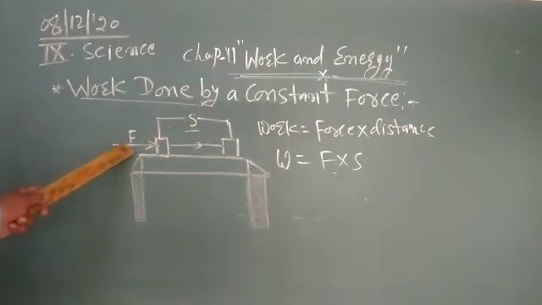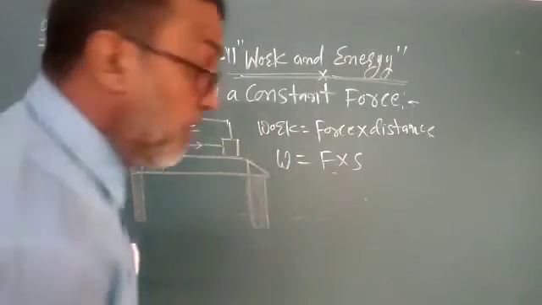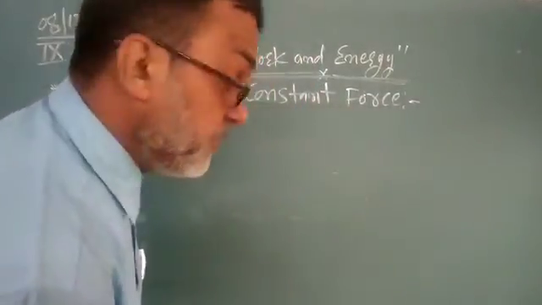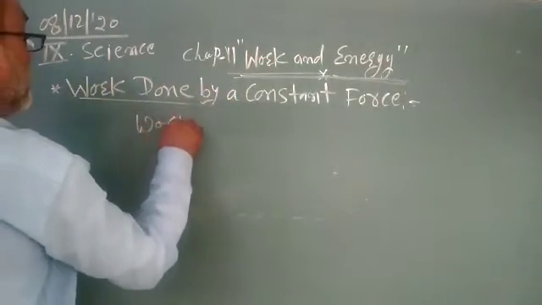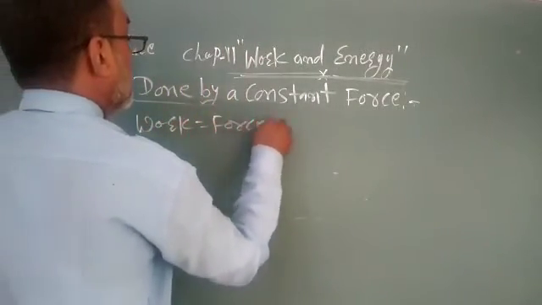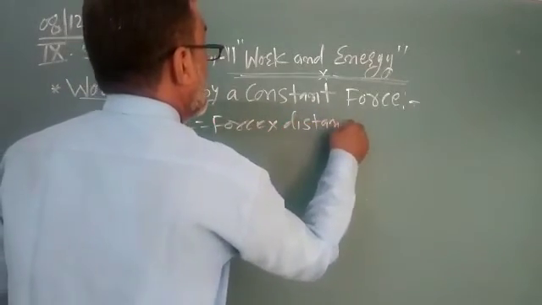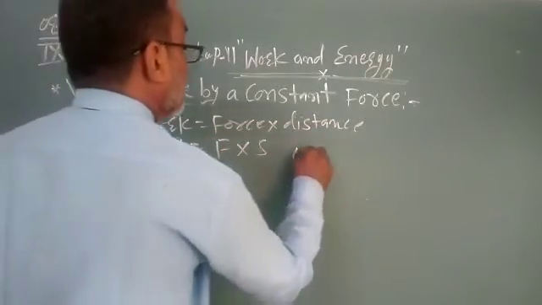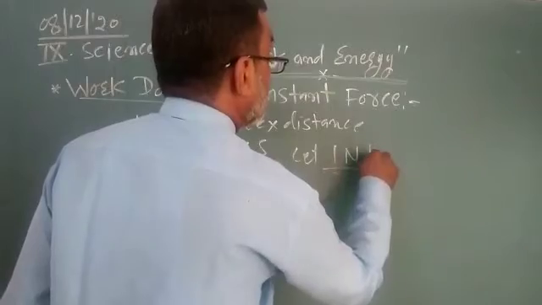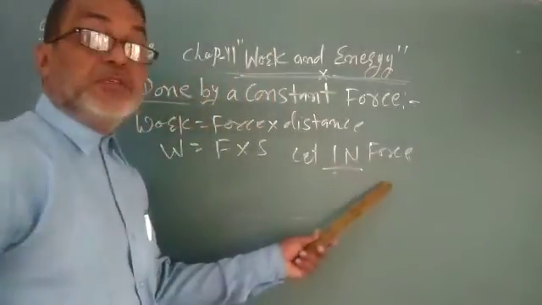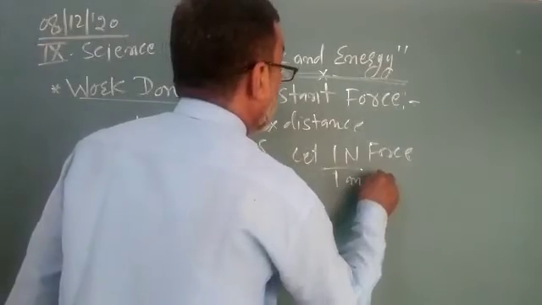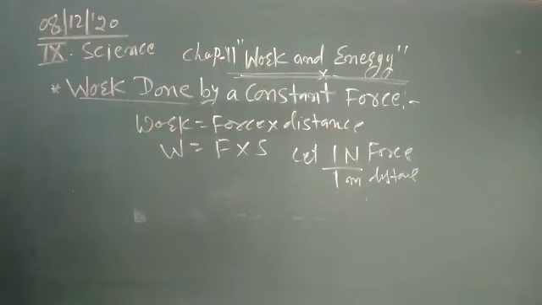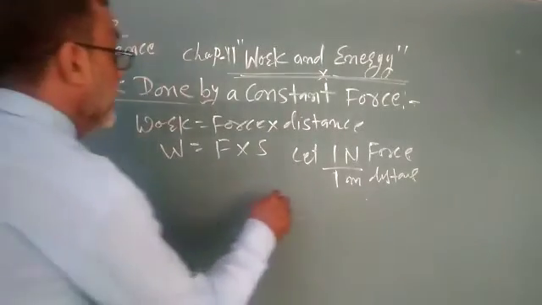Now, when we obtain this formula, work is equal to force multiplied by distance, W equals F into S. Let 1 Newton force be applied and 1 meter distance. Then what can we say about the work done?